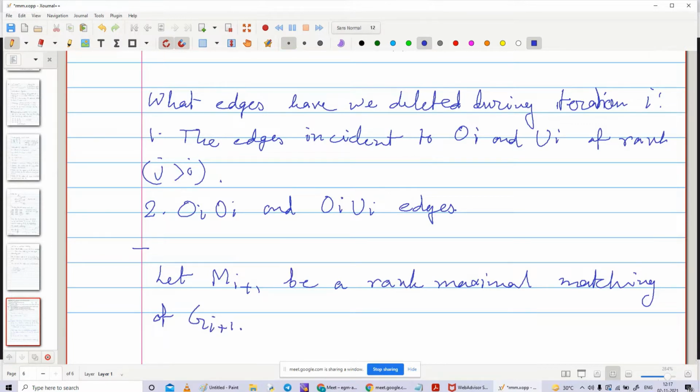Let's say that M i plus 1 is a rank maximal matching of G i plus 1. We will prove that M i plus 1 is a subset of G prime i plus 1 and is a maximum matching of G prime i plus 1. That is our goal to prove.